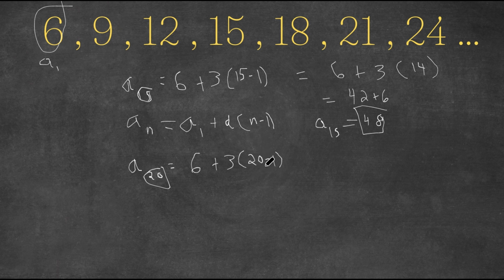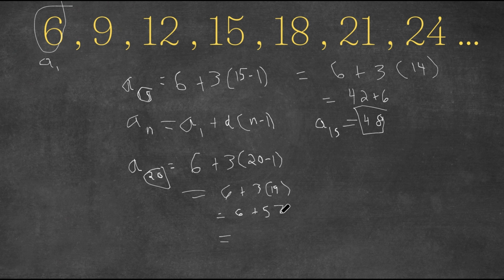All right, so now we can simply solve this. 20 minus 1 is 19, so we have 6 plus 3 times 19. 3 times 19 is going to be 57 plus 6.